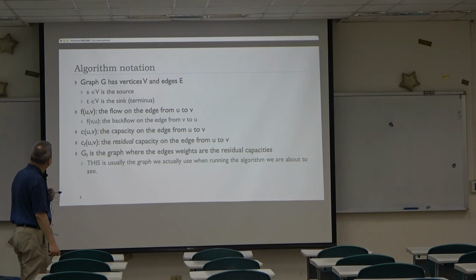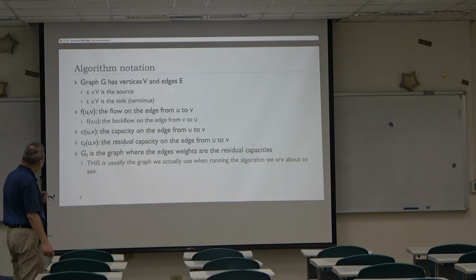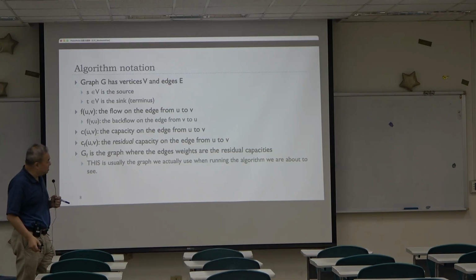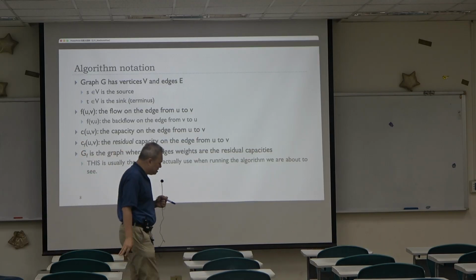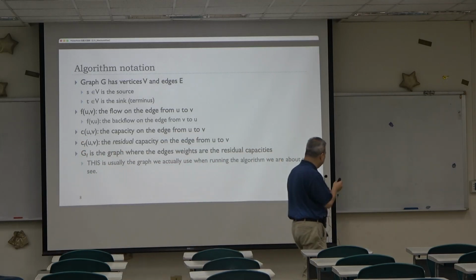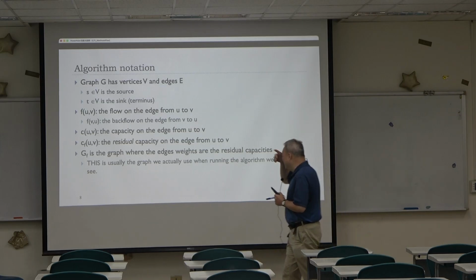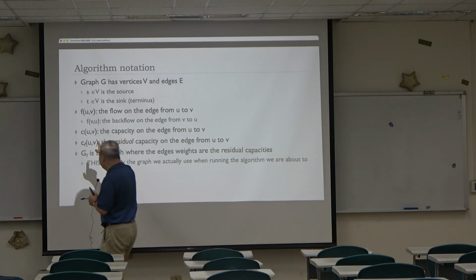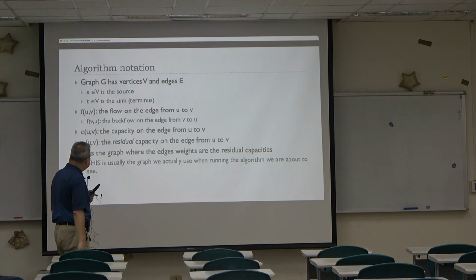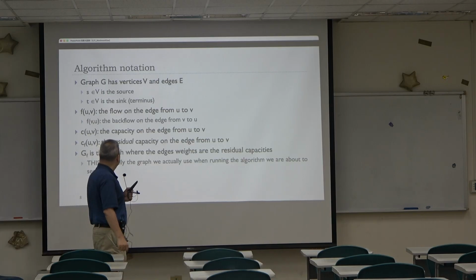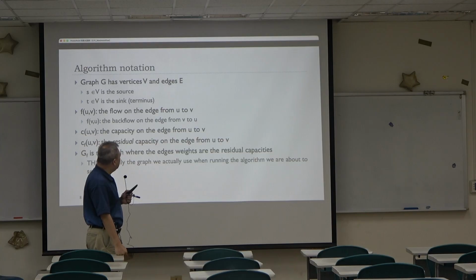So, the first is about the notation. S stands for the source. T stands for the sink, or terminal. And we have f(u,v). f(u,v) stands for the flow on the edge from u to v. And f(v,u) stands for the backflow on the edge from v to u.